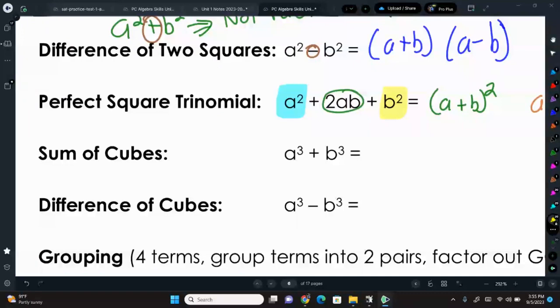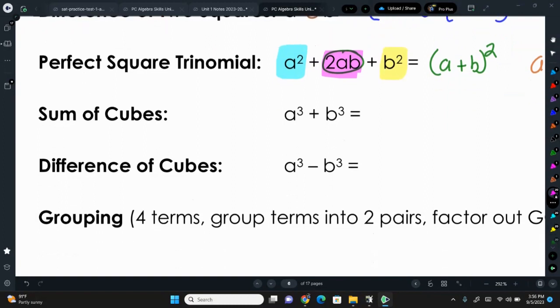And then ask myself, if I multiply those two square roots together and multiply by 2, do I get the middle term? That tells you if it's a perfect square trinomial. If you can't take the square root of that last term, then it can't be a perfect square trinomial. We have to go back and do something else.